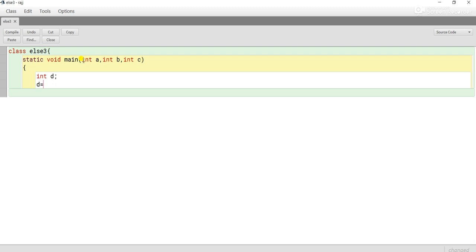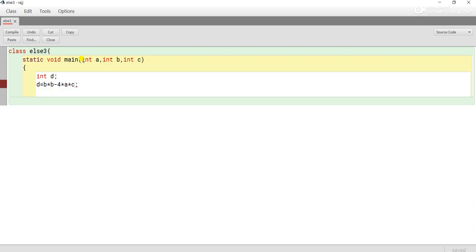B square we can write in two ways. One is math.pow of b comma 2, which represents b square, or we can write directly b into b. I'm writing the easiest way, that is b into b, because the degree is small, minus 4ac. So 4 into a into c. This is the formula to calculate the discriminant.